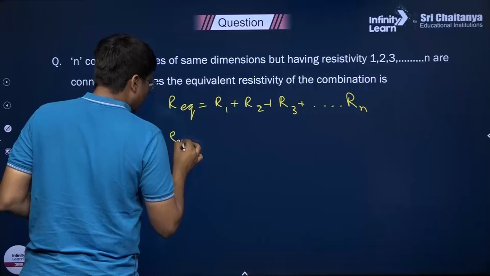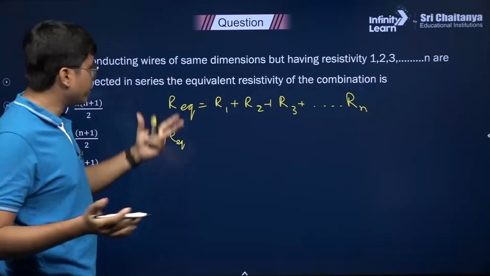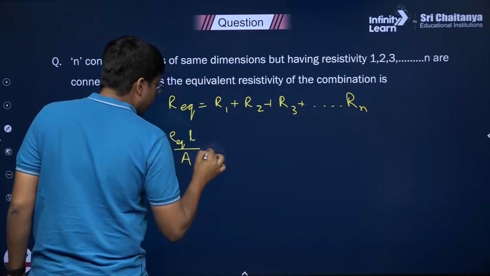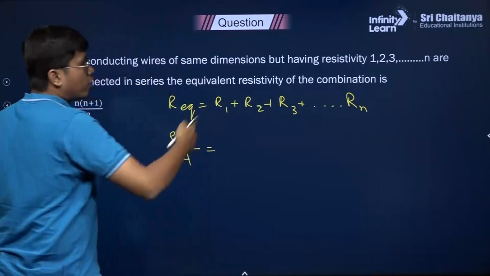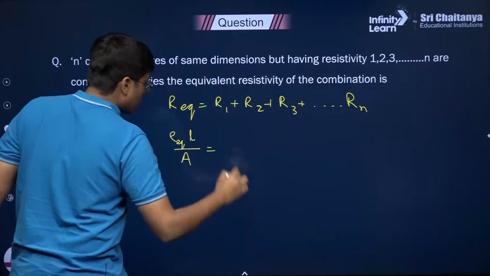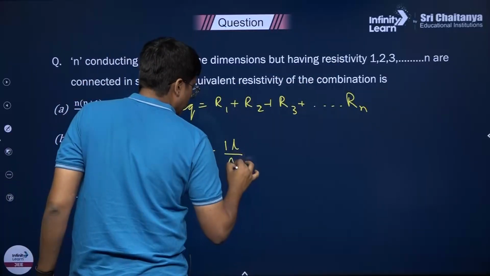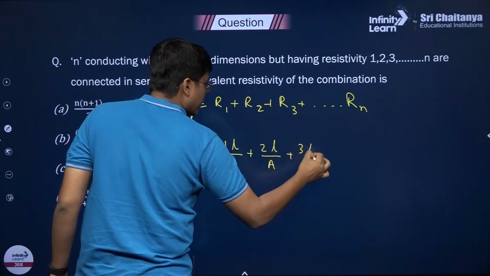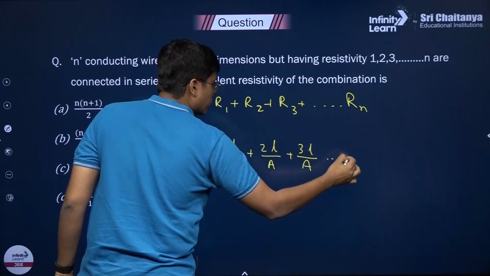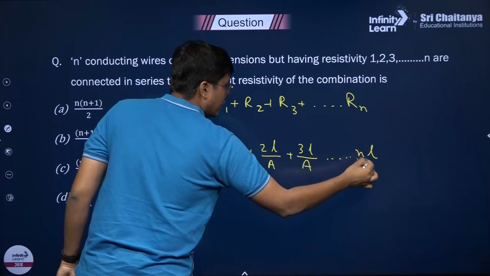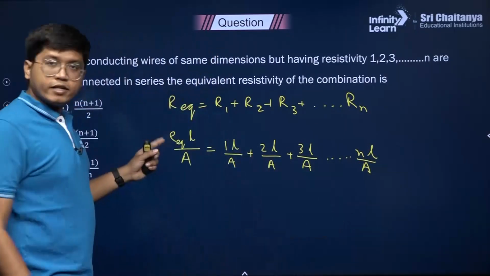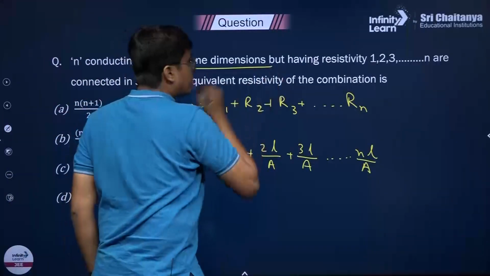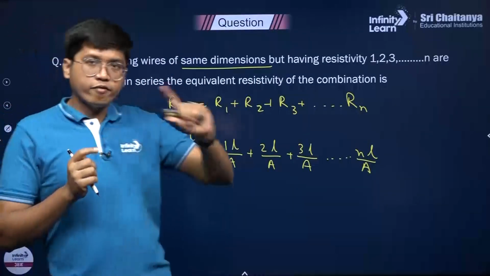We'll have rho equivalent, the equivalent resistivity, which is what we need to find out, into L by A, is equal to, for R1 the rho value is 1, so 1 L by A plus 2 L by A plus 3 L by A, and you carry on till N L by A. Over here I've kept this L by A the same because it's said that they have the same dimensions, so the length and area would be the same.